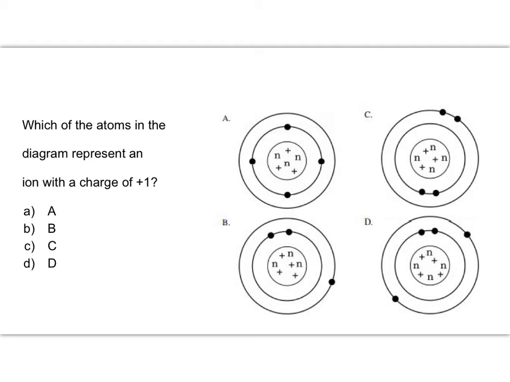In A, there's 1, 2, 3 protons, positive symbols in the nucleus, and 1, 2, 3, 4 electrons. So 3 protons and 4 electrons means that the actual overall charge would be negative, because there's more negative than positive. In B, we have 4 protons, positive, and 1, 2, 3 electrons, which are negative.